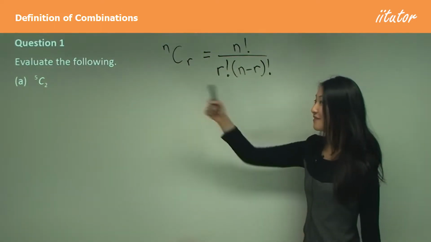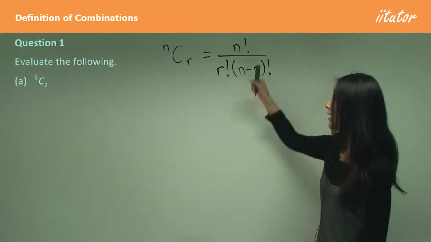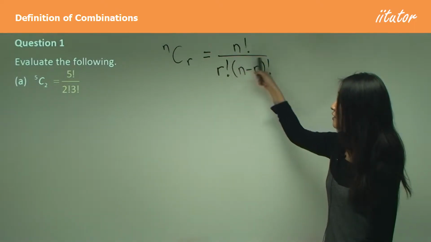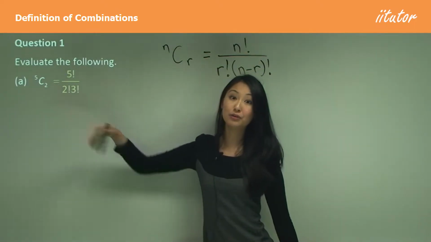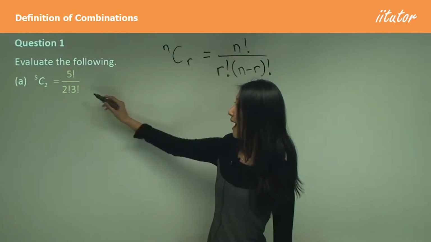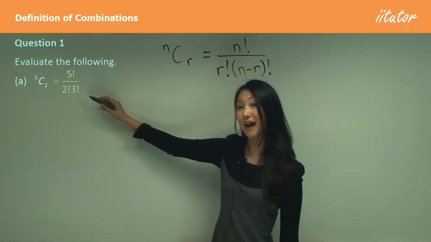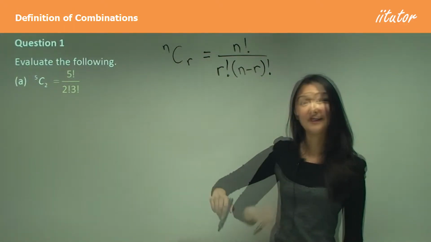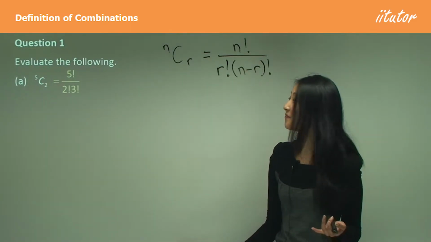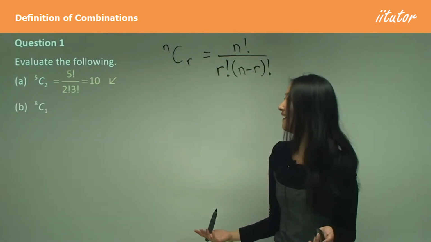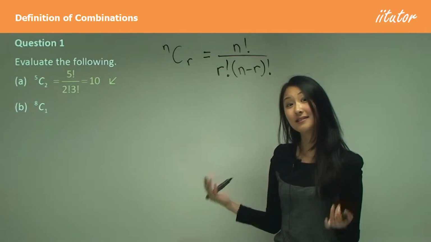With 5C2, that's going to be 5 factorial divided by 2 factorial, your r, times 5 minus 2 factorial, so that's 3 factorial. Put that into your calculator and get 10. What about when it's 8C1?